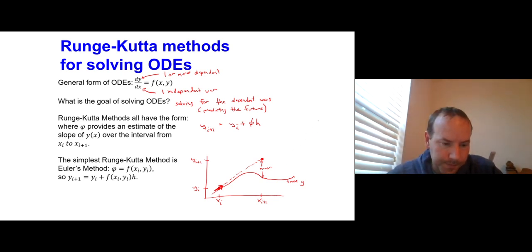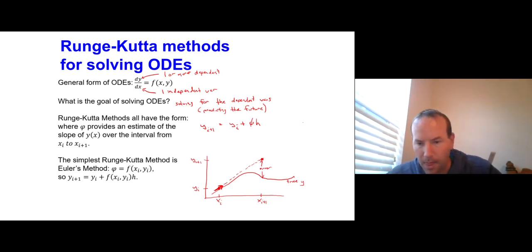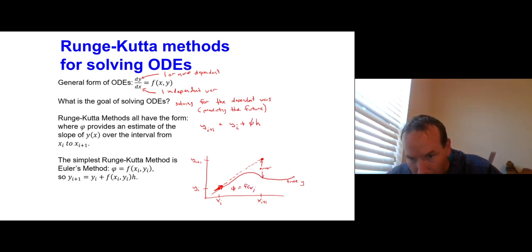And the slope that we're using was f of x, y.